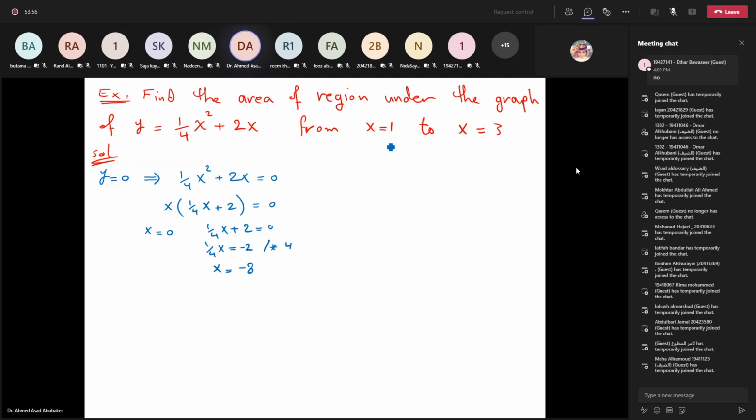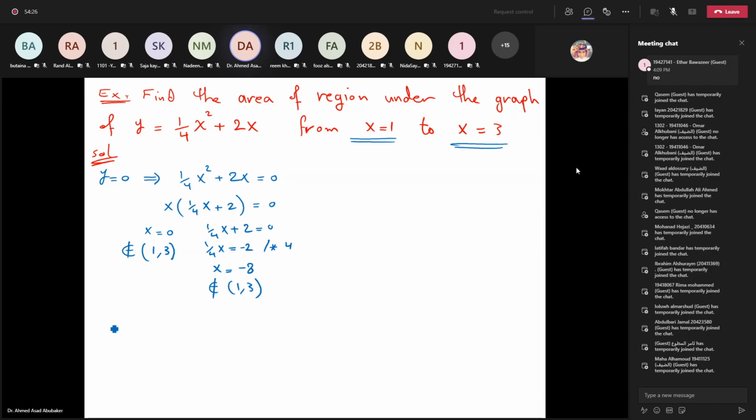Which one is between 1 and 3? This is not in the interval from 1 to 3, and neither is this. So we don't have two regions, we have one region, because the zeros of this curve at x equals 0 and x equals negative 8 are not between 1 and 3.